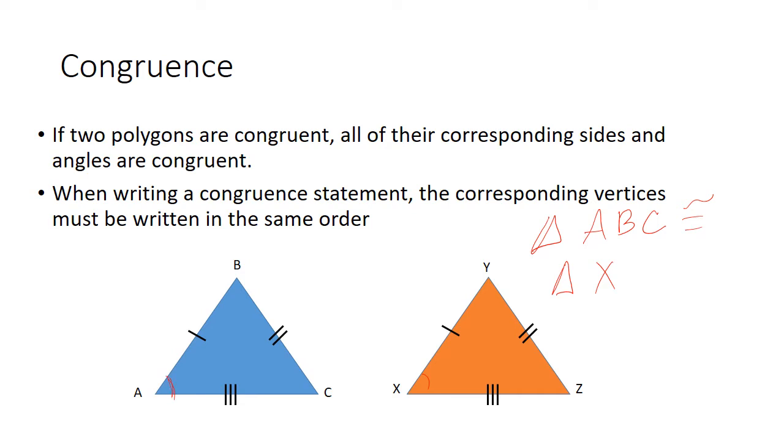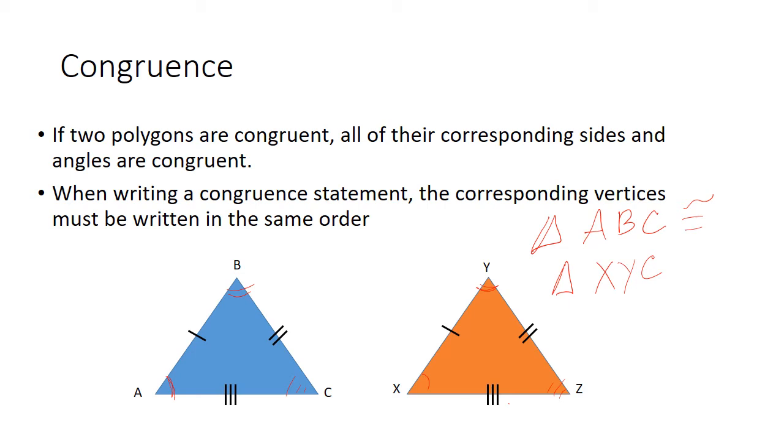All right. B is between the side with one line and the side with two lines, which means it corresponds with Y. So since B was listed second, Y has to be listed second. Z corresponds to the angle between the 2 side and the 3 side. So Z corresponds with C, so it has to be third. They have to be written in the order of their corresponding vertices.